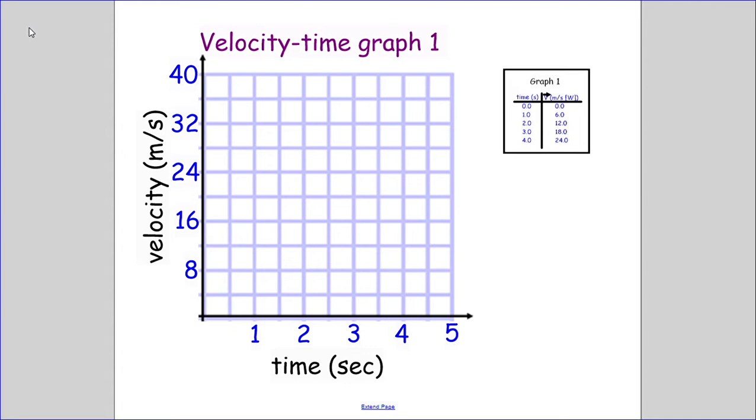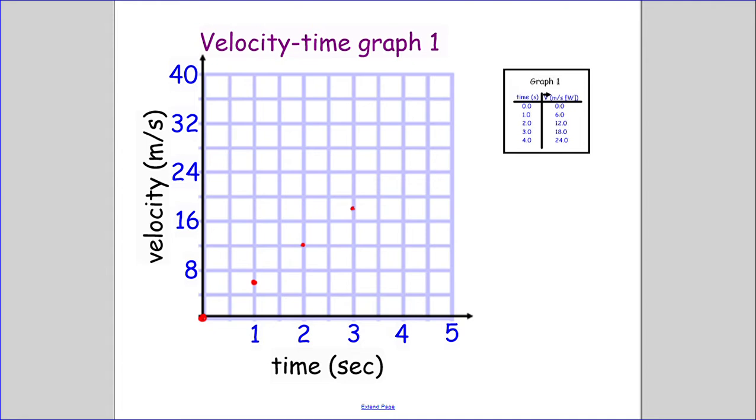So at 0, 0, I'm going to put my first dot. And then at 1 second and then up 6, I'm going to put my next dot. At 2 seconds, I'm up to 12, so that'll let me put my next one in right here. At 3 seconds, I'm up to 18, so that'll be right here.